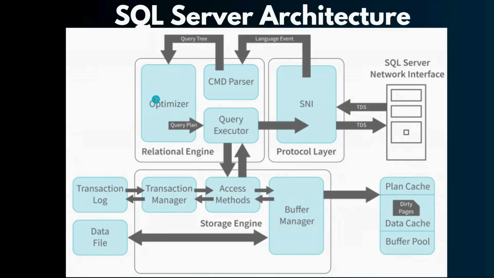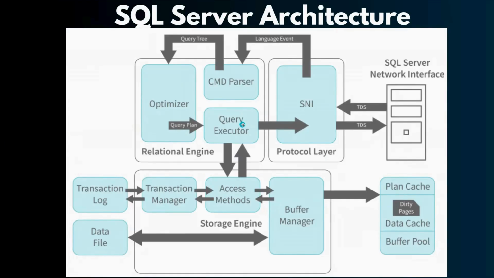It assigns a cost to each plan based on factors like I/O operations, CPU time, and memory usage. Then it will choose the plan that has the lowest cost. This optimized plan is stored in the plan cache for reuse in future similar queries. The optimizer can produce different plans based on query hints, server configuration, or workload.